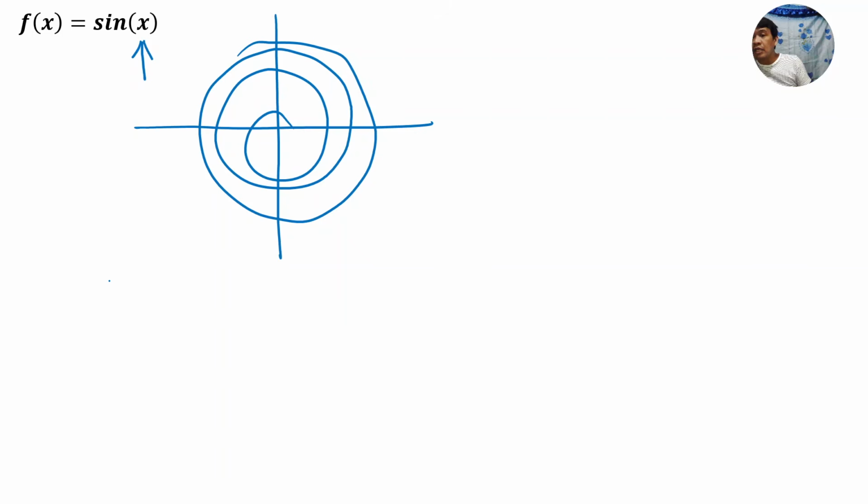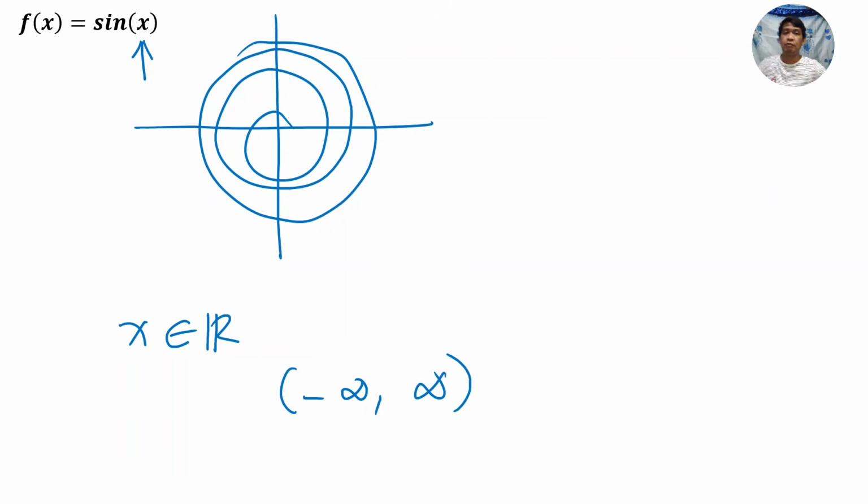So therefore, x must be the set of all real numbers, whether negative or positive. Because when the angle is measured counterclockwise, it is positive. When the angle is measured clockwise, it is negative. So therefore, x must also be all real numbers, or from negative infinity to positive infinity. So that will be all for this particular session.